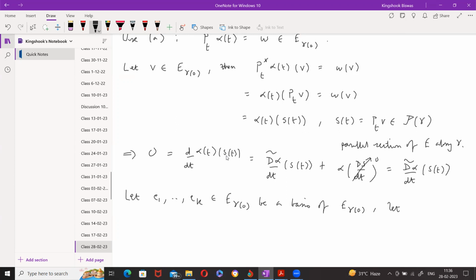You let S_i(t) be P_t of E_i. Okay. So then the S_i are parallel. So the S_i form a basis. The S_i are a basis of parallel sections of E along gamma.